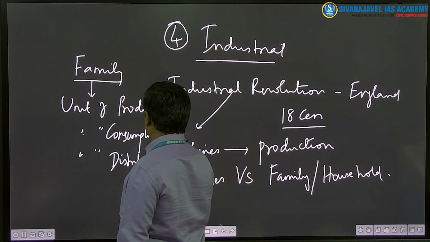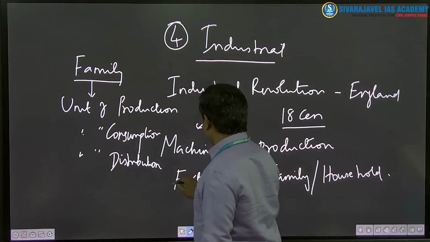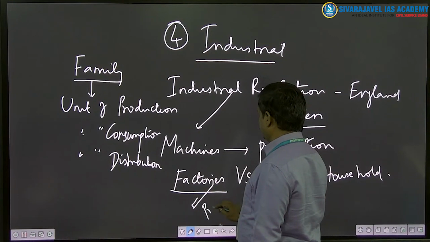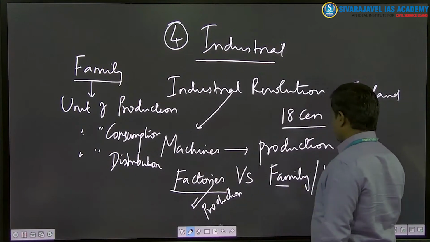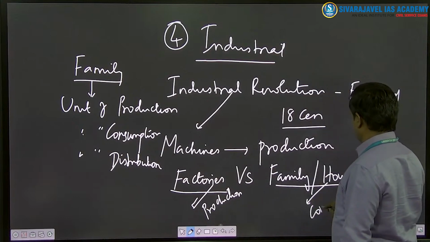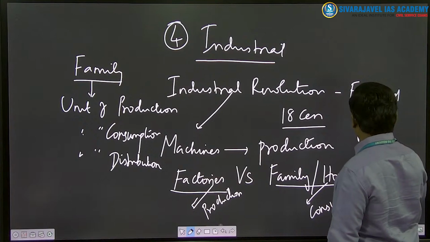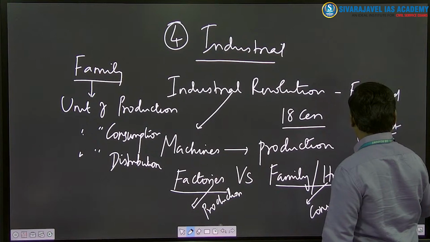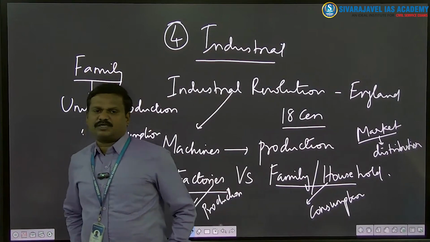So in the house only you will be involved in economic activities. But with the coming of factories, factories are the production houses. And family is the unit of consumption. And who will do distribution? Market is the place where distribution of production happens.